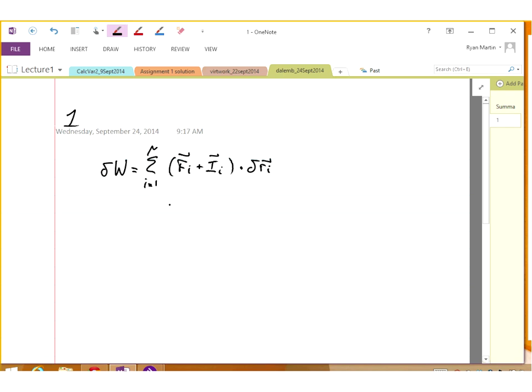So just to be clear here, we have n particles, and Fi is then the net applied force on particle I.